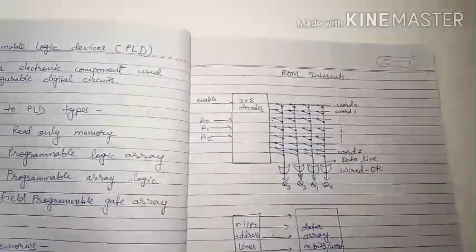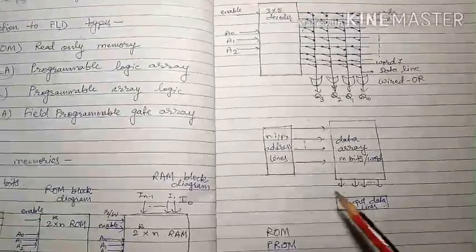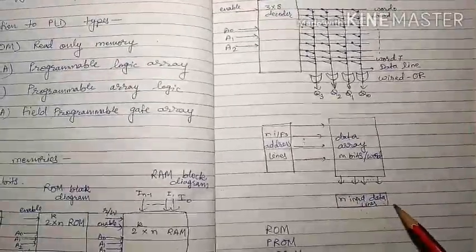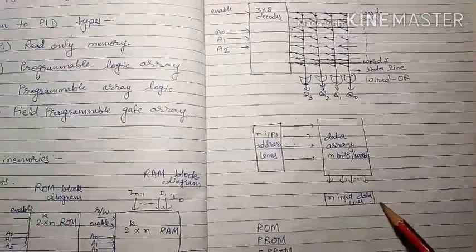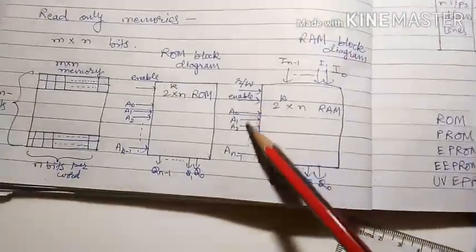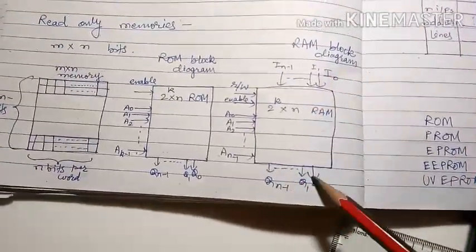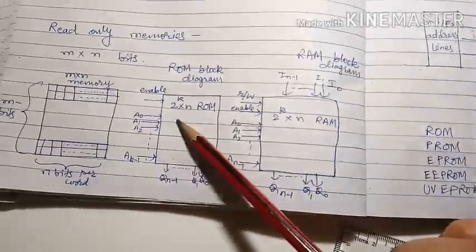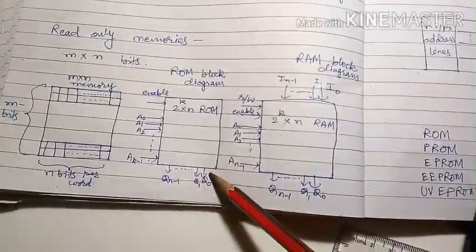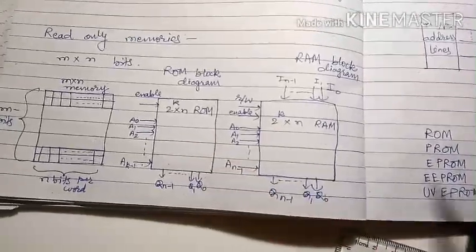Wired OR. Now in this way we can see that there may be n input address lines and data lines. As here we have seen address lines, and this is data output. No data input is there in the ROM. This is the difference.